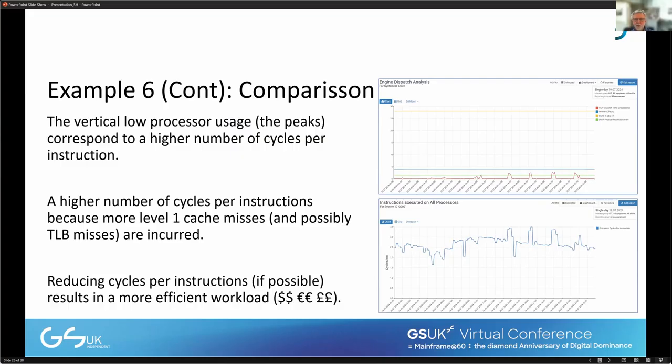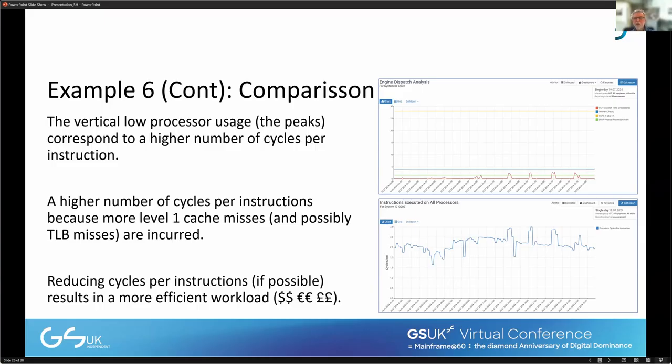Okay, so when we've looked at the engine dispatch analysis for that one LPAR, let's look at the instructions executed on processors, number of cycles per instruction. And we can see that the peaks in the bottom chart match the peaks in the top chart, okay?